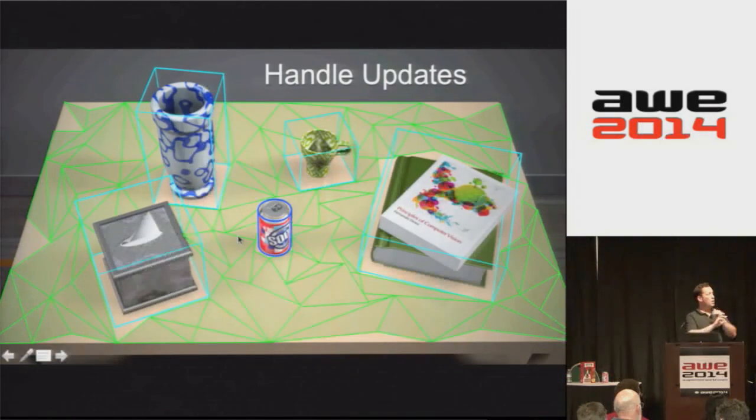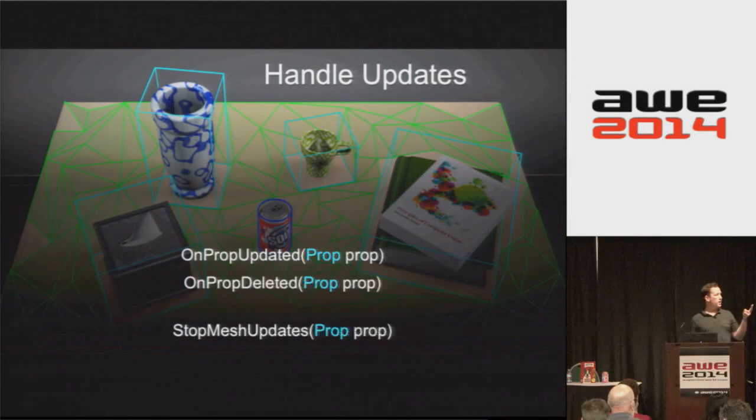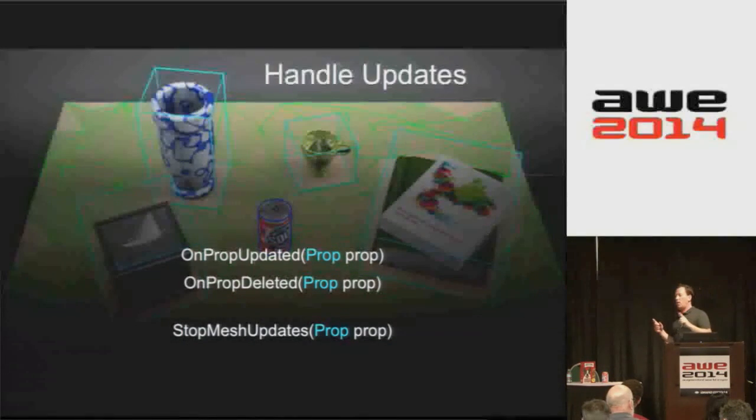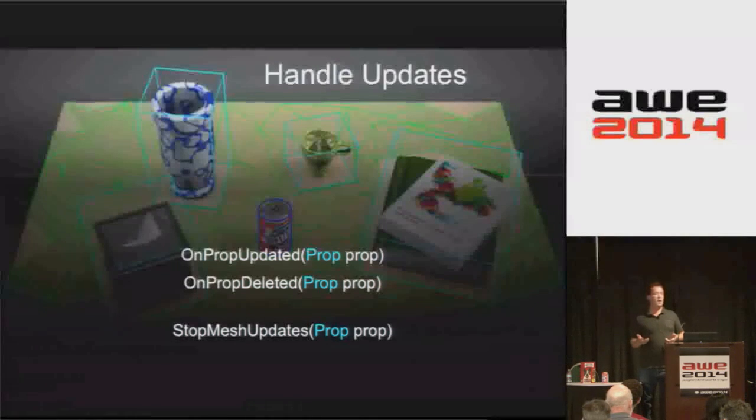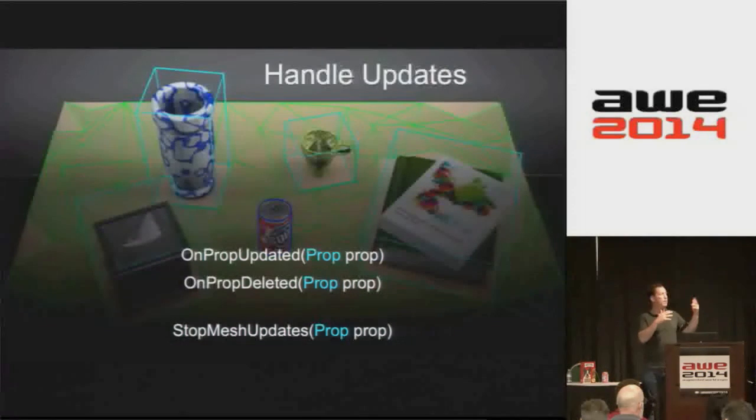Once you've started updating, the principal role of the developer here is to customize the handling of updates, as the surface is being created and as props are being created. There are also two other callbacks, which occur when a prop is updated. The reconstruction is an approximation of the size of the prop, and you'll notice that we're using bounding boxes for that. So it isn't a smooth contour. We're not doing a 3D capture of the surface of it with a single camera.